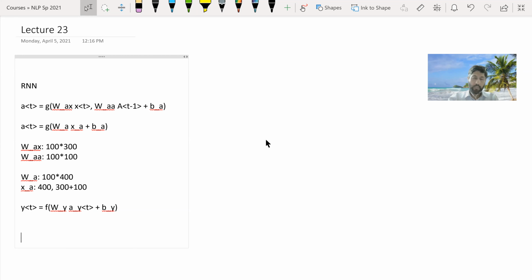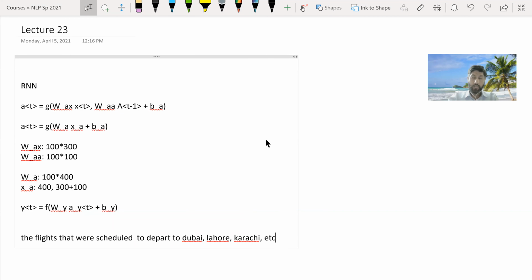So I gave the example of a sentence like: the flights that were scheduled to depart to, for example, Dubai, Lahore, Karachi, etc. were cancelled. Okay? So this is a long sequence of words.